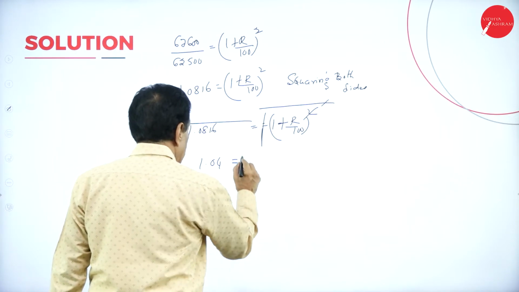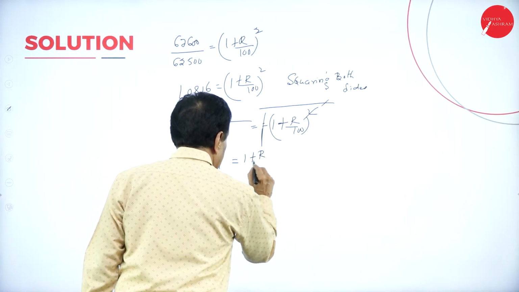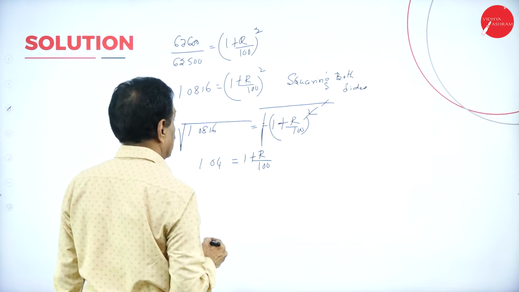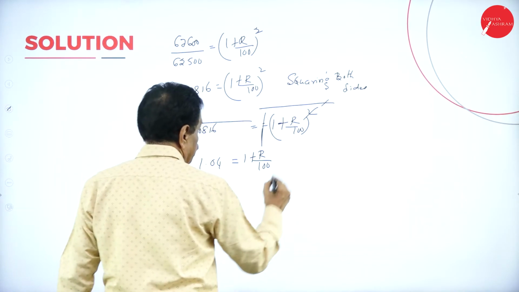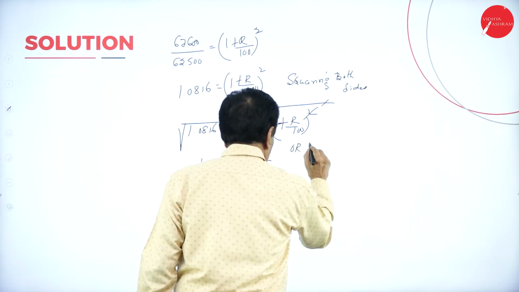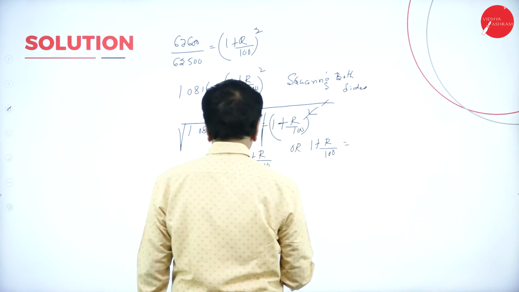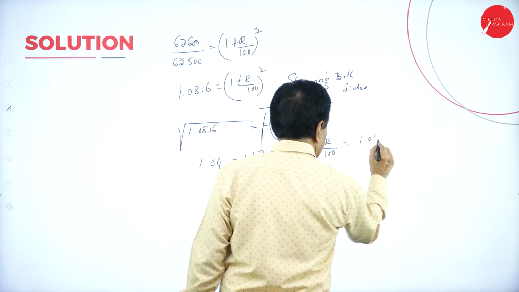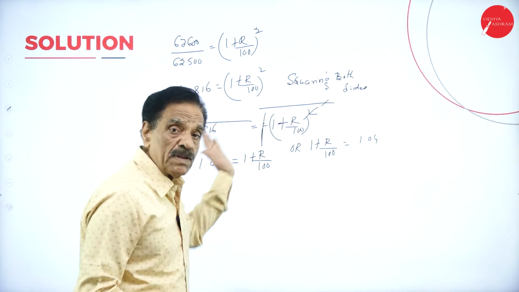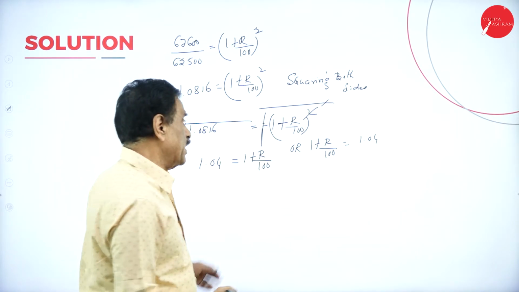What is left over is 1 plus R over 100 is equal to 1.04. You take 1 from the left side to the right side, and it becomes negative.